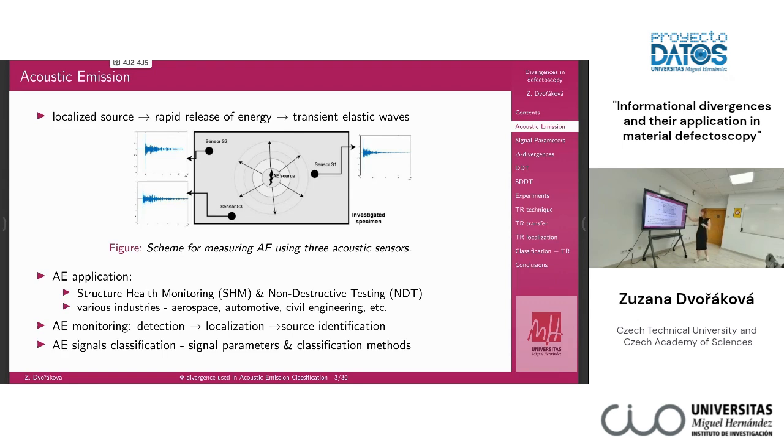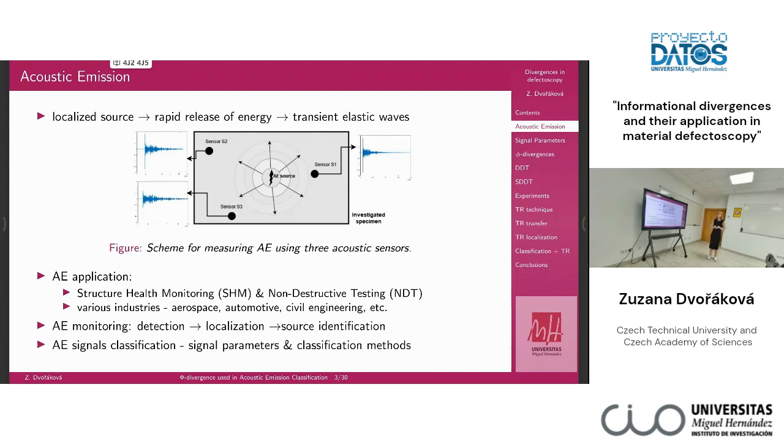We have to find the beginning of the signals, and we have to record them. Then we have to localize where the crack is, where the source of the acoustic emission is. That is the branch of my colleagues at the Institute. And my branch is the source identification or source classification.